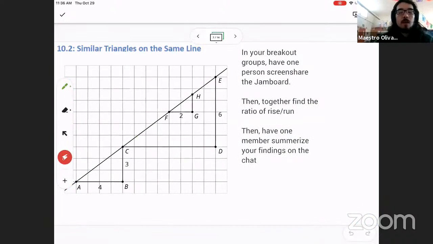Ahora, this is what's going to happen. Let me create breakout groups.